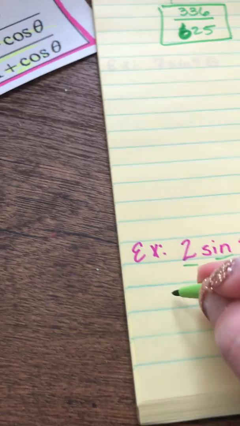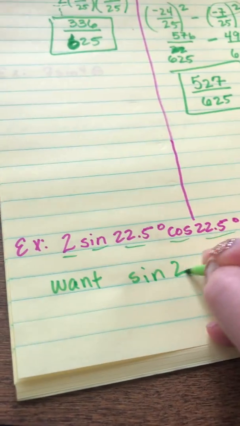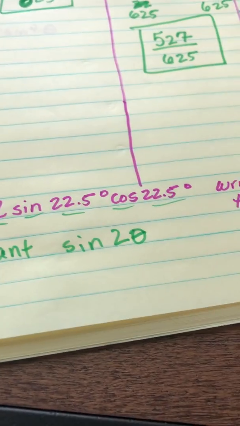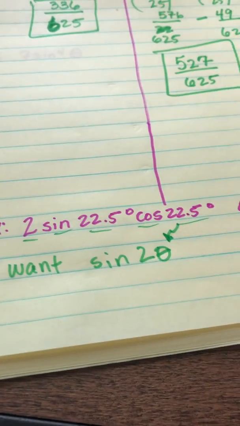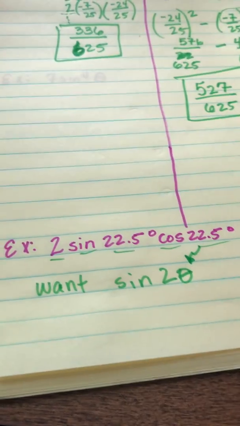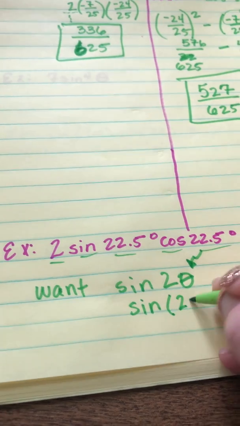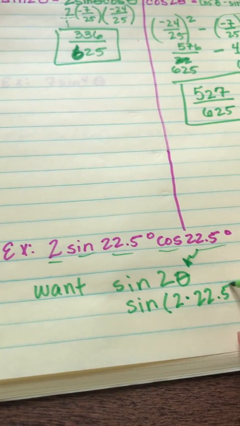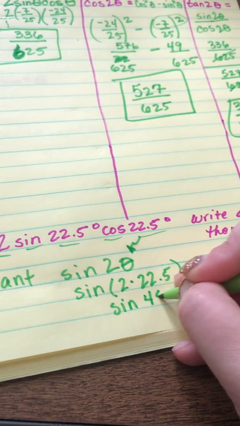So we want sine 2 theta. Well, what the heck do you think theta is? It's 22.5. So we're going to say sine of 2 times 22.5, and that makes sine of 45.